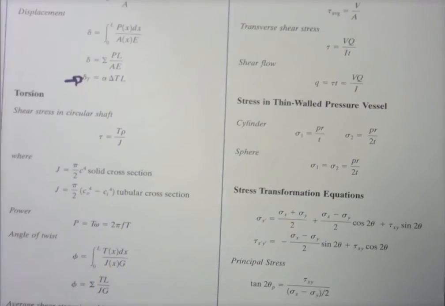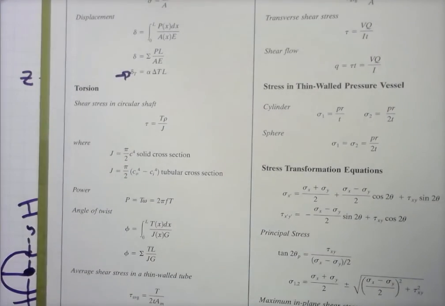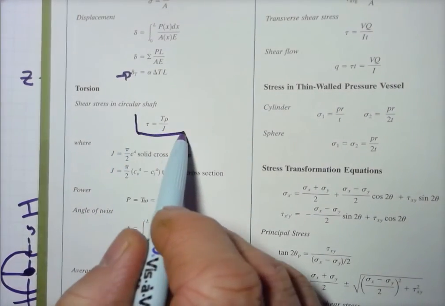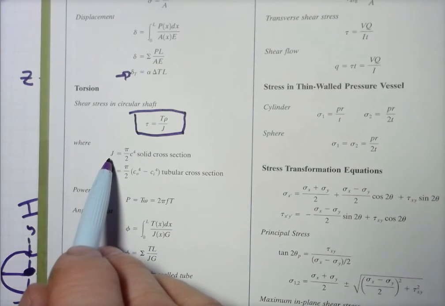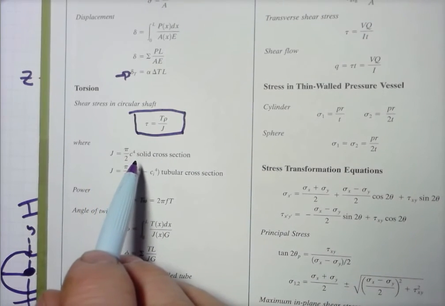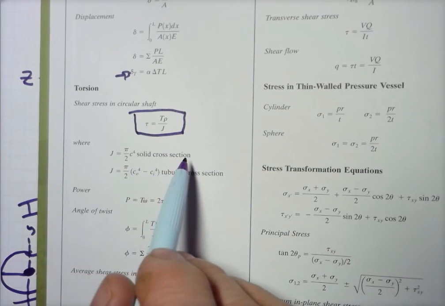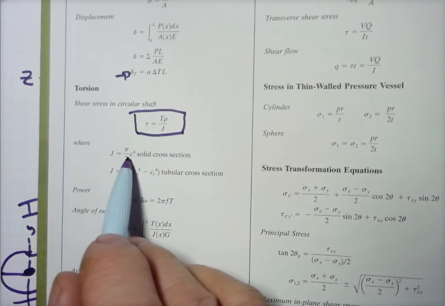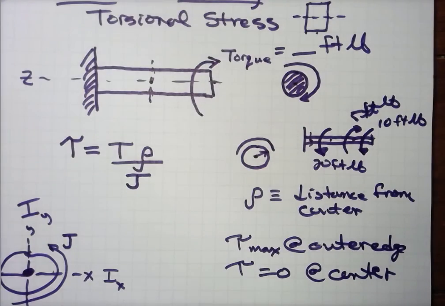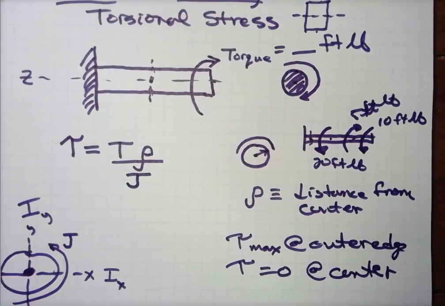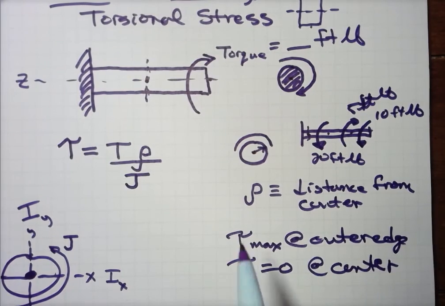And here's torsion. In torsion, the shear stress is T rho over J, where J is the polar moment of inertia, and here's the equation for it. If it's a solid cross-section, it's pi over 2 c to the 4th, and c is the symbol that we use for radius in mechanics of materials.